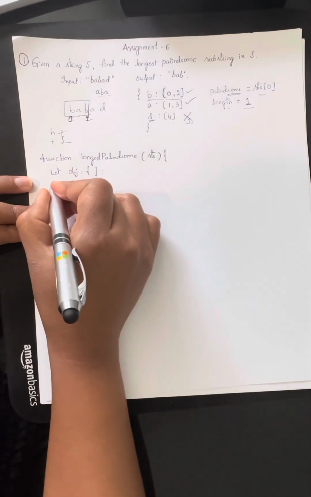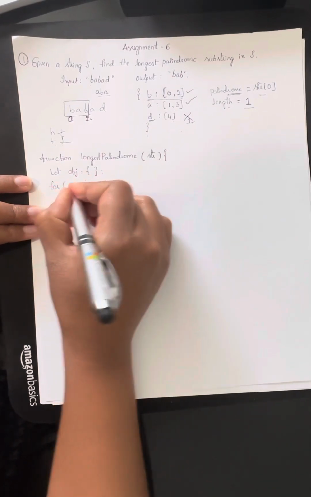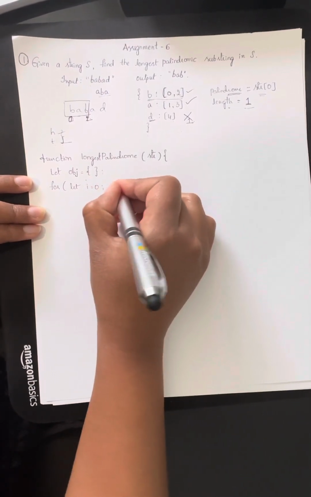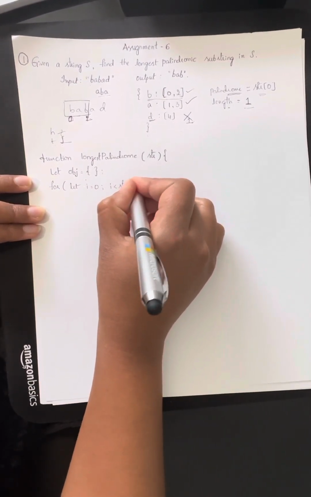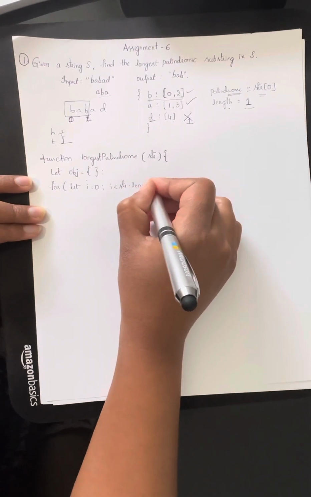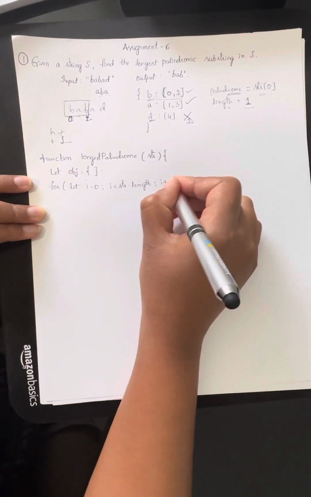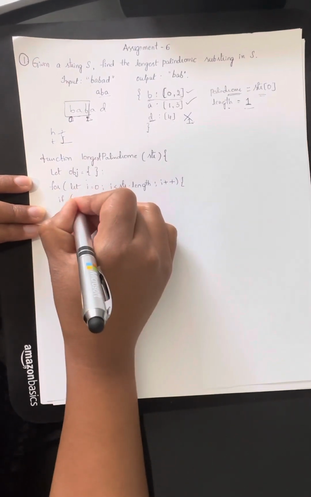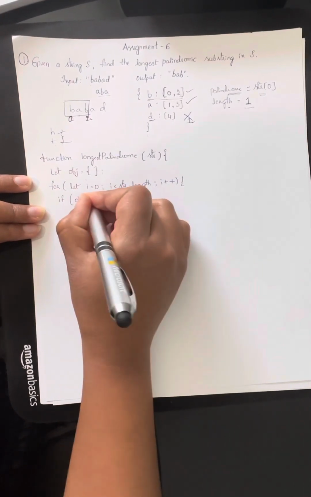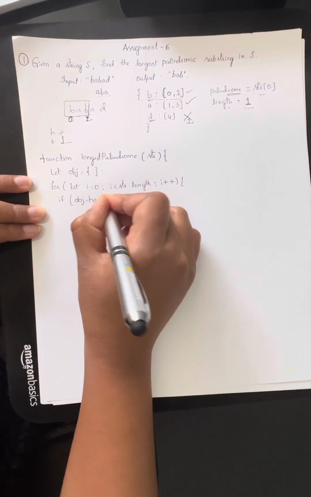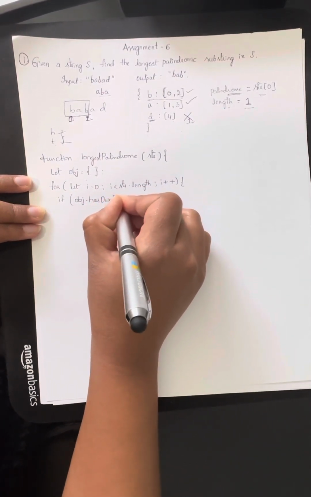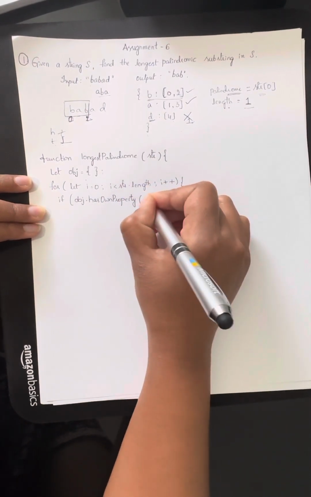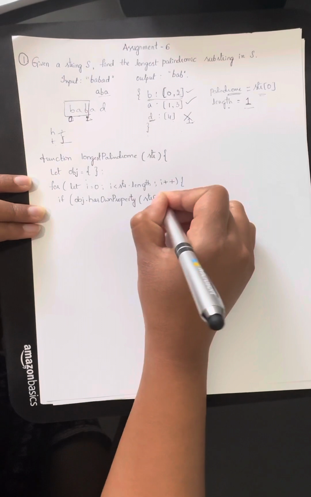So for that I'm using a for loop. Let i equal 0, i less than string.length, i plus plus. If object.hasOwnProperty(string[i]).